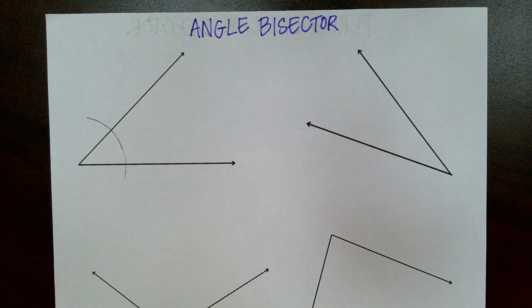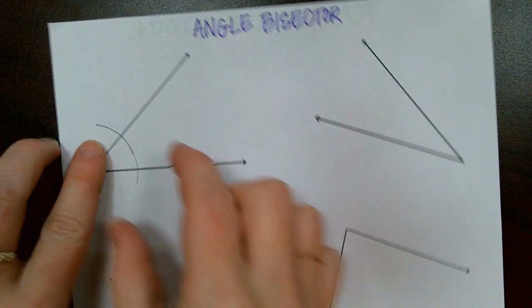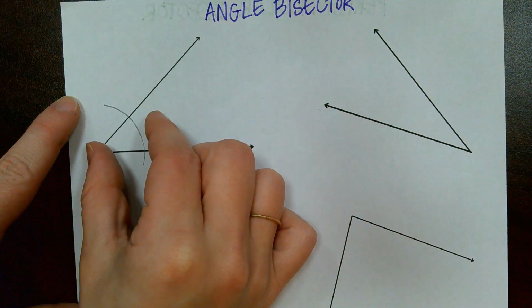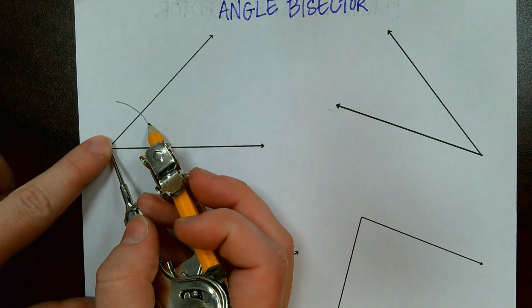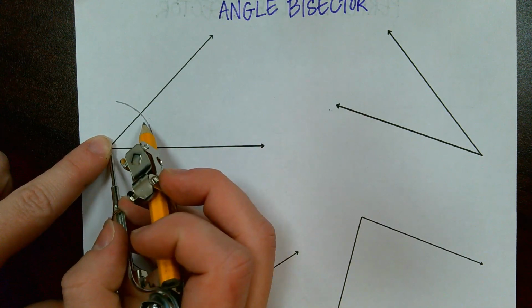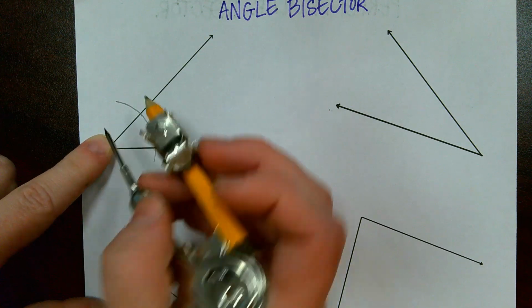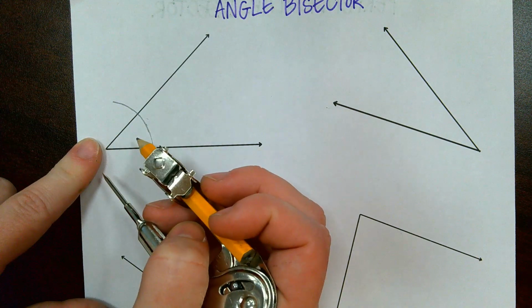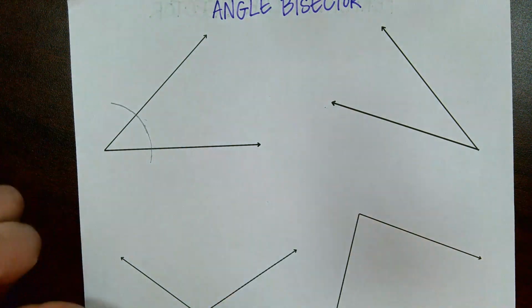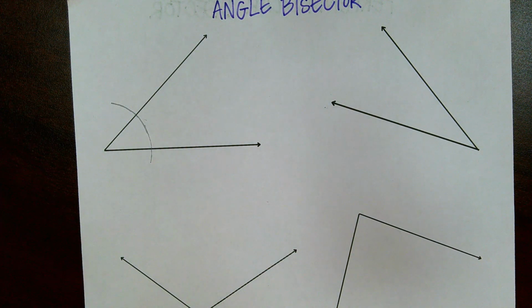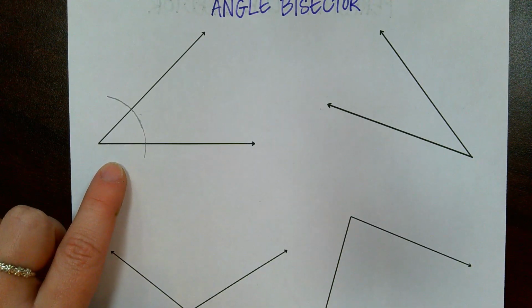But what it's telling you is that the length from your vertex to your arc just needs to be smaller than this line. It doesn't have to be a specified size, just small enough that you have room to make your intersection. So, does everybody have their first arc?